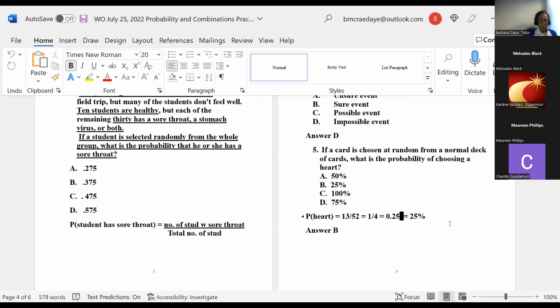What's the probability of choosing a queen, Mercedes? Is it 13 queens too? It can't be 13. If it's 13 of a suit, there's a queen in each suit, so there are 4 queens.